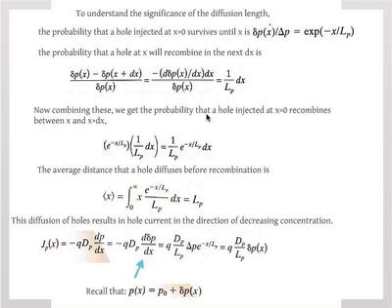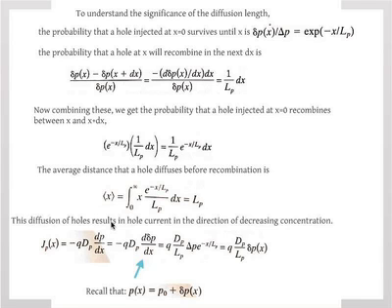So you're basically statistically integrating over all the holes, as shown here. Okay, so we integrate from 0 to infinity of that term times x, because x is the distance, times the probability that the recombination happens within that distance. That gives you Lp. So in other words, the diffusion length is the average distance that the hole has traveled before recombining, okay, which is the same thing I mentioned before.